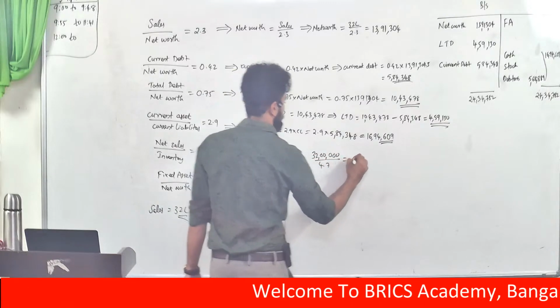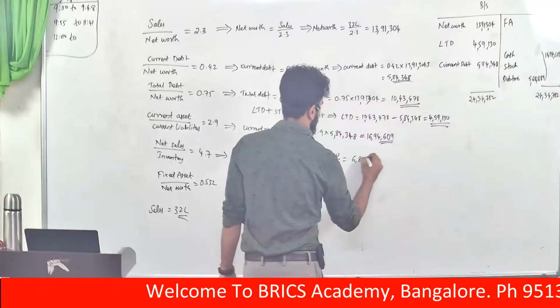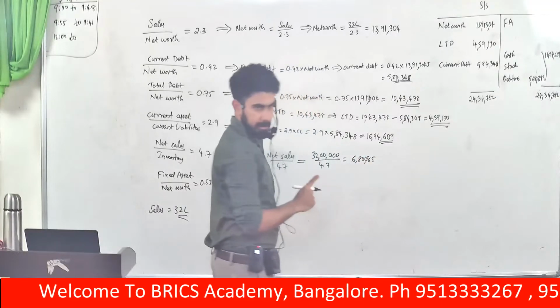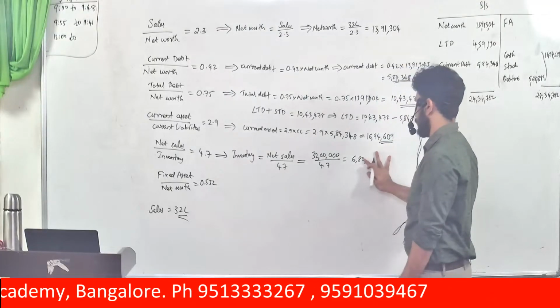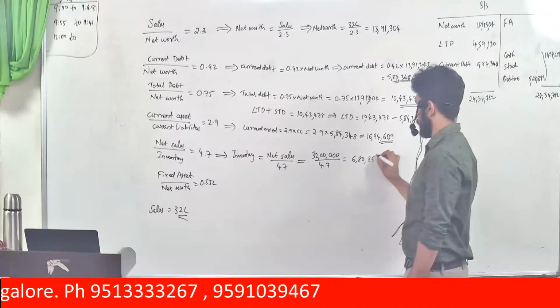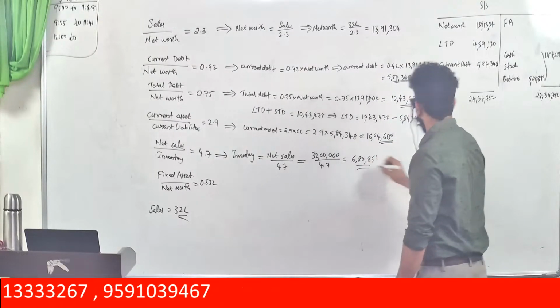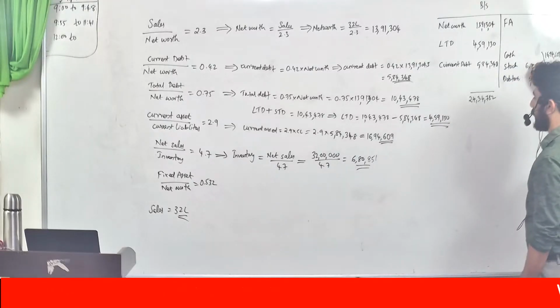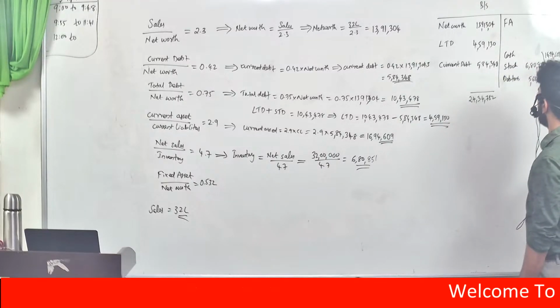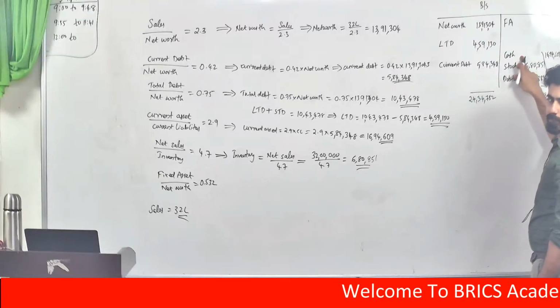How much is this? 6,80,851. Is this the number? Okay. So can I fill this here? Stock, 6 lakh 80,851.